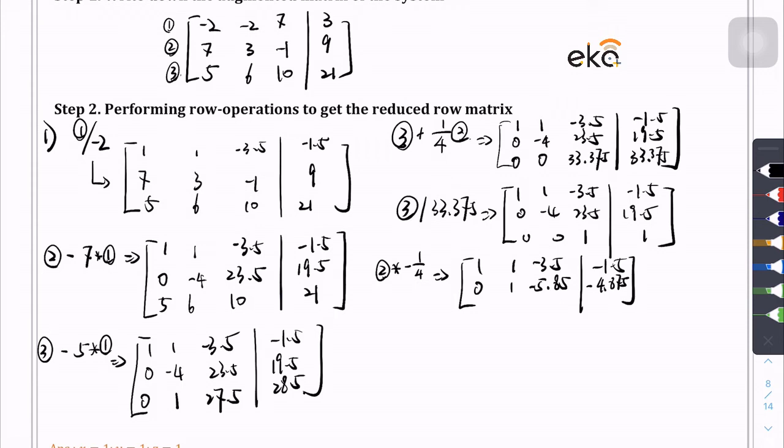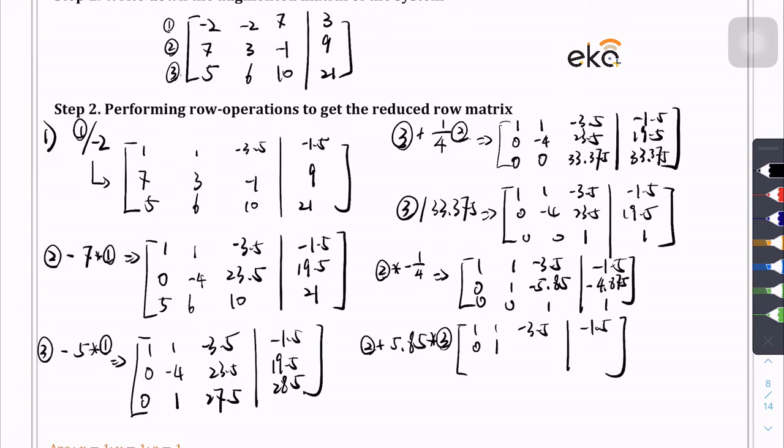Then we add, so the second row plus 5.85 times the third row will give us 1, -3.5, -1.5, 0, 1, because 0 plus 0 times 5.85 is 0, and 1 plus 0 times something is 1.